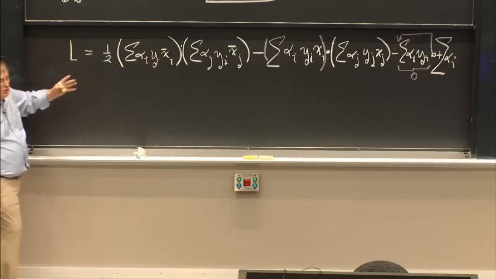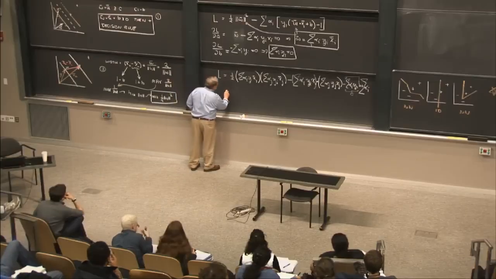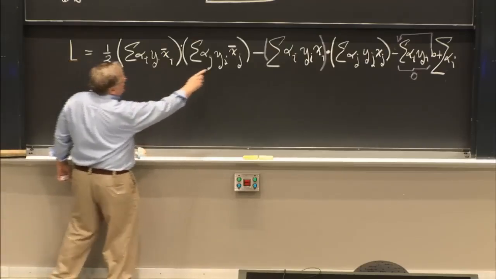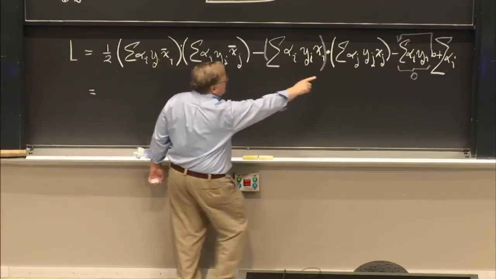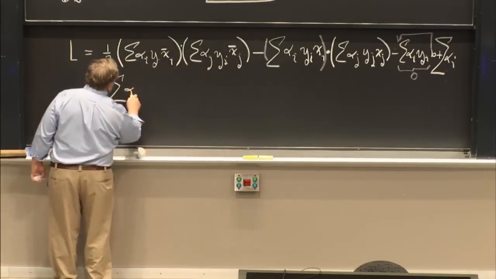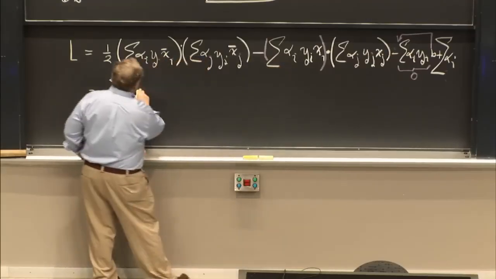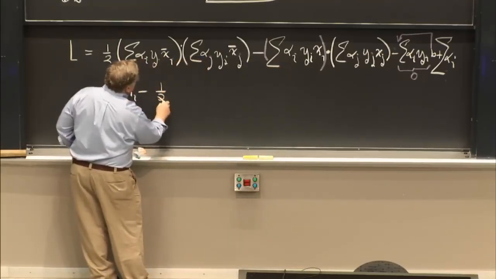So now what we can do is rewrite this Lagrangian as the sum of alpha I, that's the positive element. And then we've got one of these and a half of these, so that's minus 1/2.